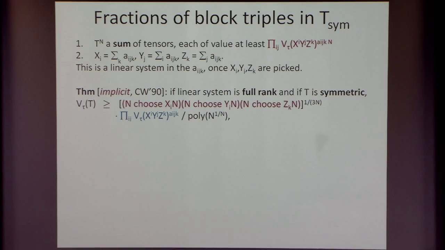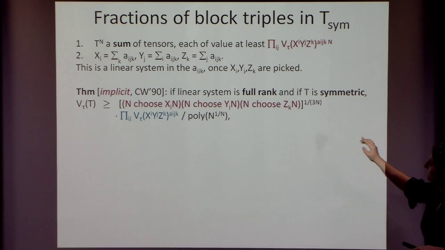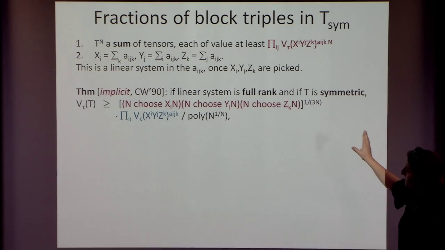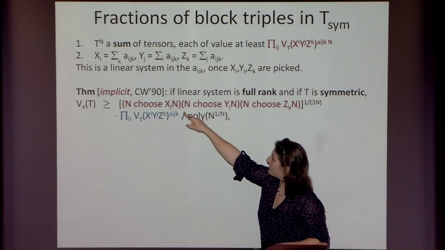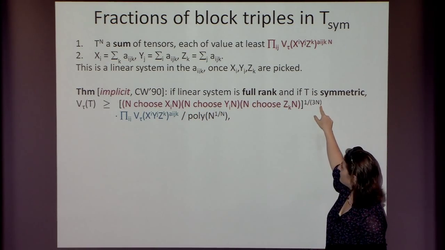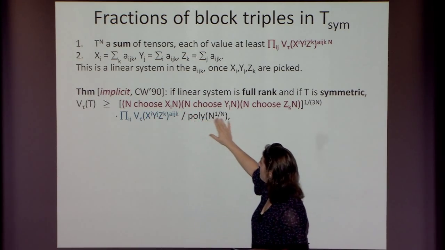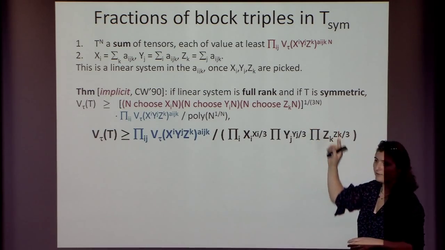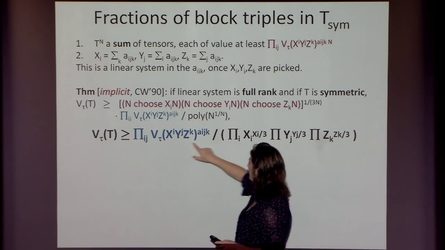They prove that in the special case when that linear system has full rank, and if the underlying tensor is symmetric in the sense that I said, which is the case of the Coppersmith-Winograd tensor, then the value of the tensor, as n gets larger, is at least this red piece here to the 1 over 3n-th power times the value of each summand divided by a polynomial in n to the 1 over n. And then you take n going to infinity, take Stirling's approximation, and you get that the value of the tensor is this quantity here.